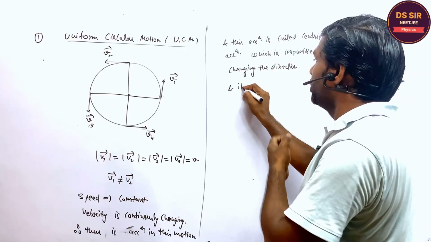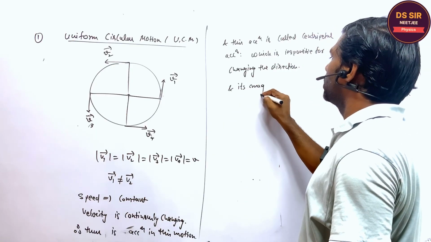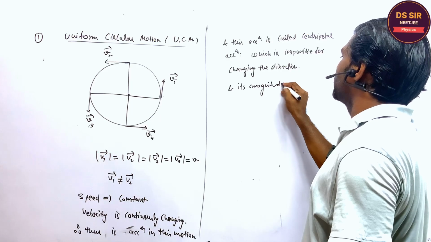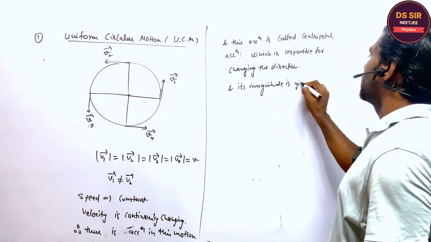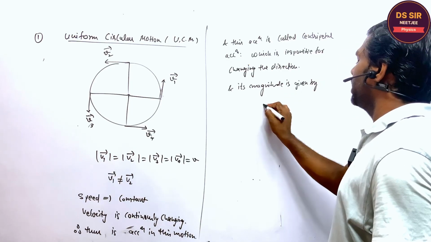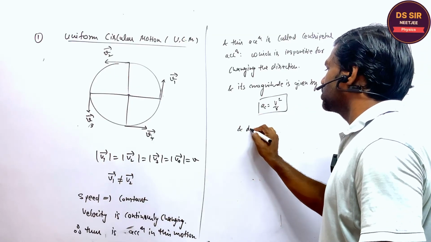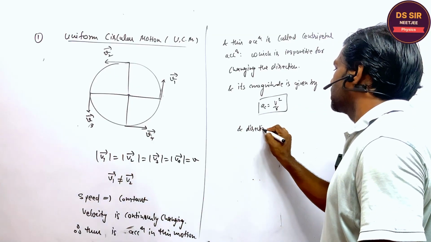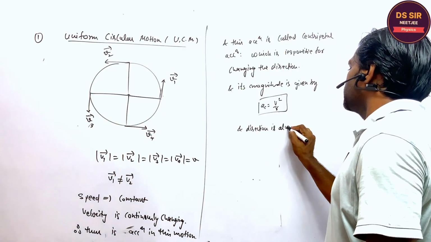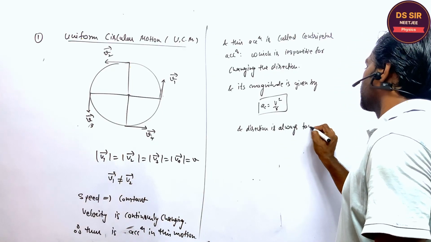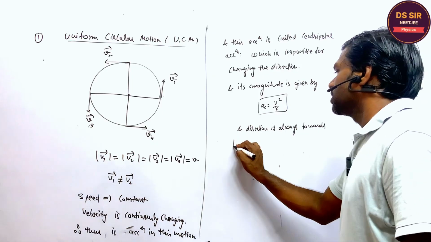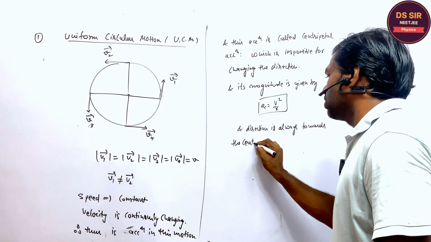And its magnitude is given by a_c equals v square upon r, and the direction is always towards the center. Do you understand or not?